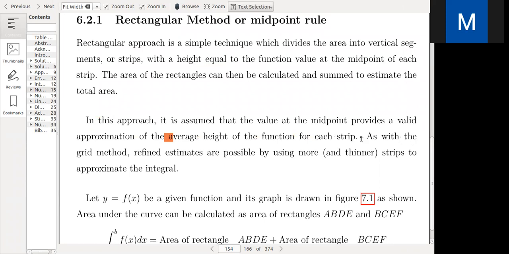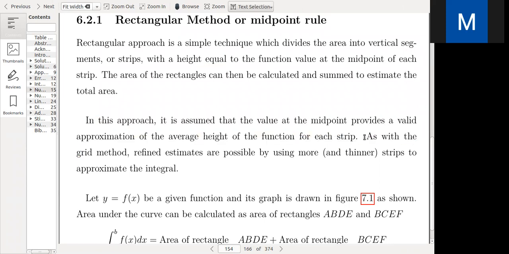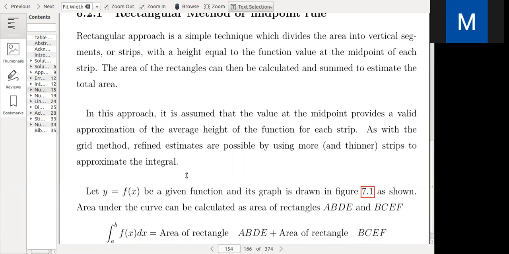So this strip can be shown as a rectangle. As with the graph method with the small boxes, refined estimates are possible by using more and thinner strips to approximate the integral.